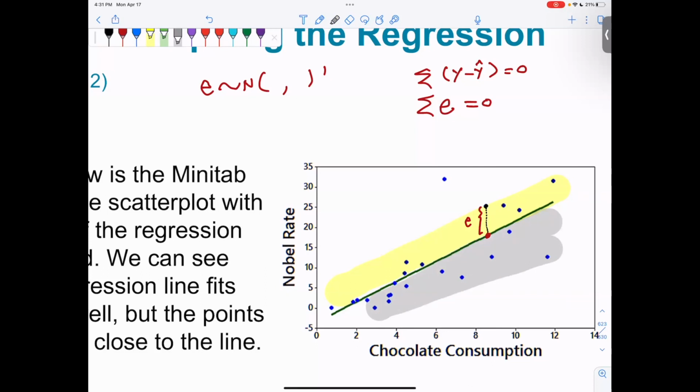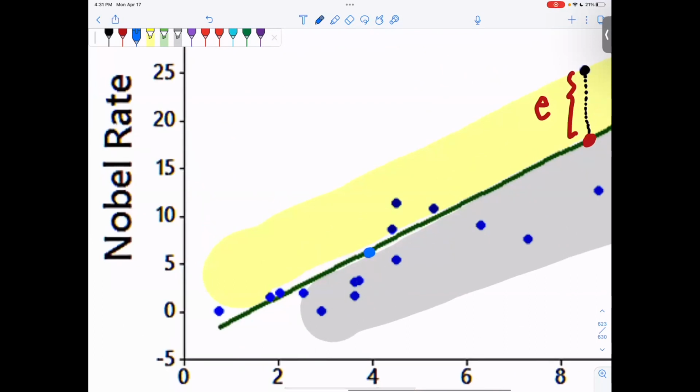For example, for this one here, the error will equal 0 because y hat equals 1. Or if we write it in exact terms, the expected value of y hat, the expected value of y at a specific value of x.